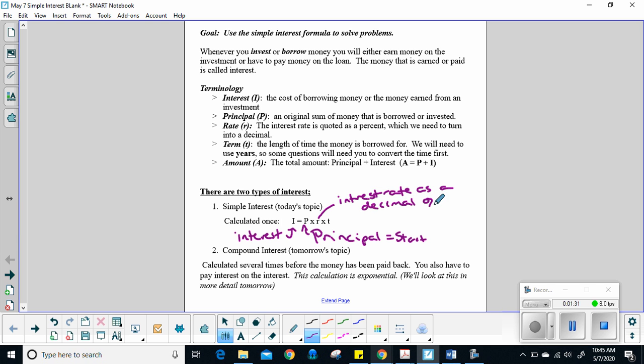So you have to take your percent and divide it by 100. And T, remember, is time, and it has to be in years. This is the equation that we're going to be working with today. Tomorrow is going to be compound interest. That's where things become exponential, but we'll worry about that one tomorrow.